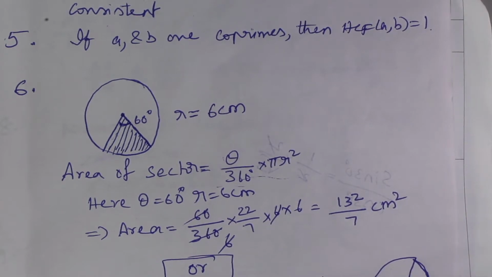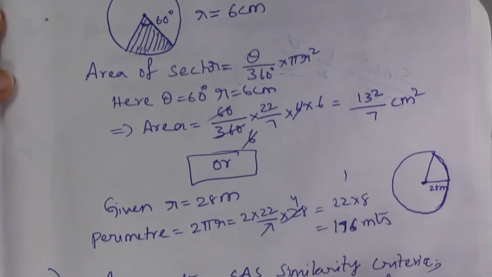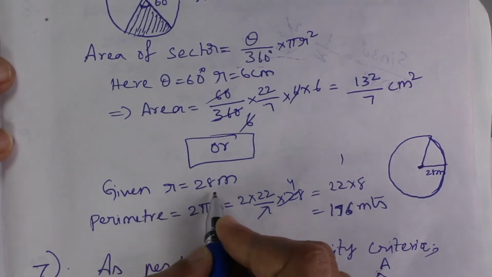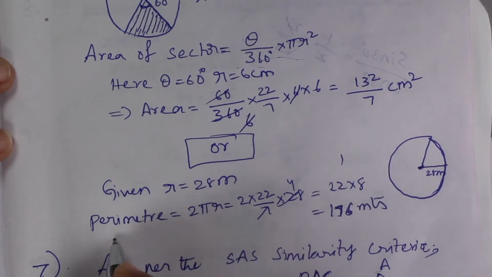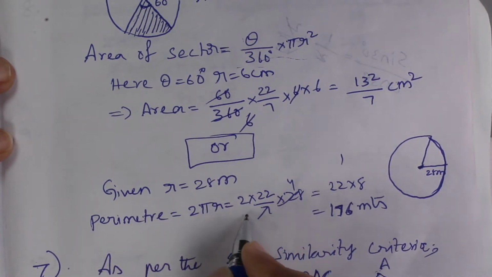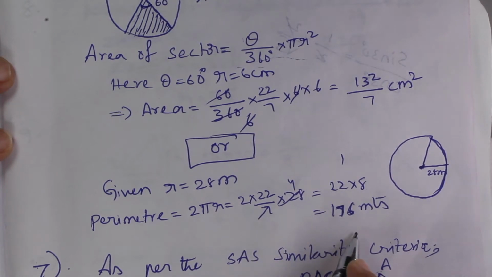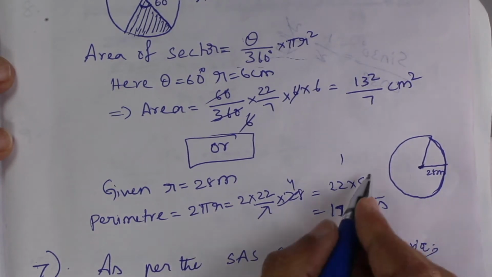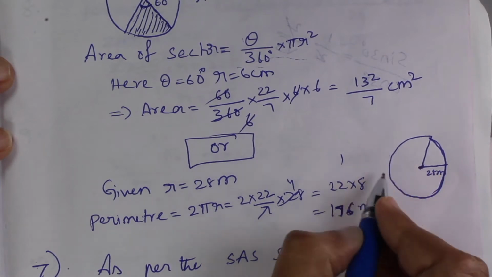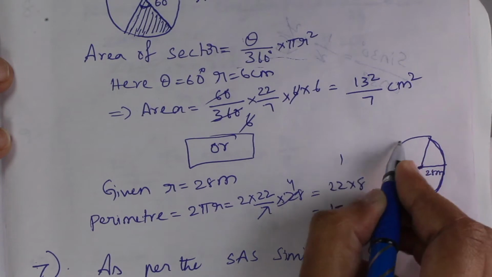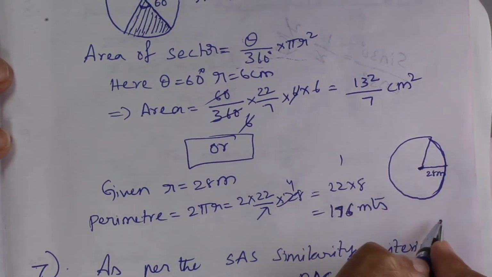So it will be 2 pi r. Given r is equal to 28 meters. So perimeter will be 2 pi r, 2 into 22 by 7 into 28. That is equal to 176 meters. Here the clue is the horse grazes in the shape of a circular area when it is tied to a pole. That is the clue.